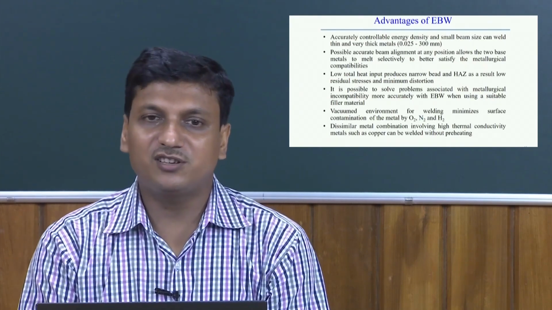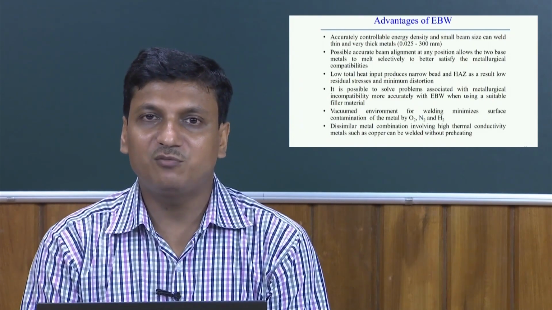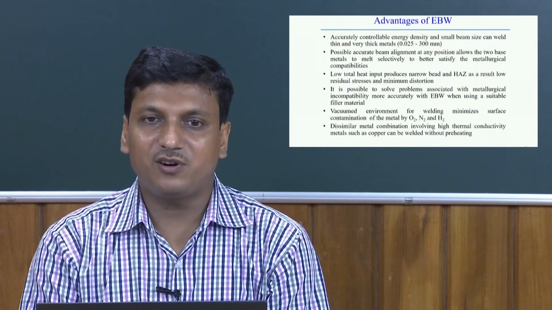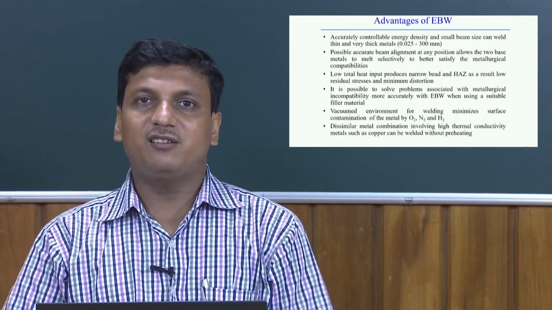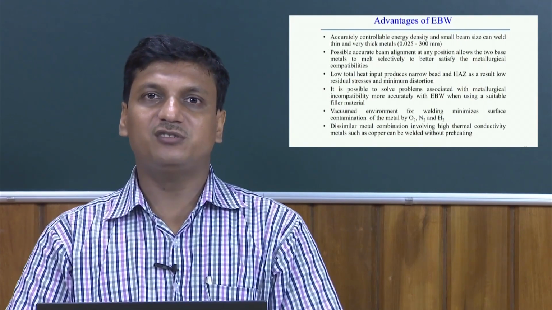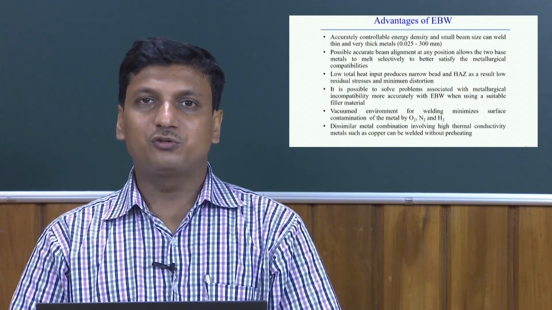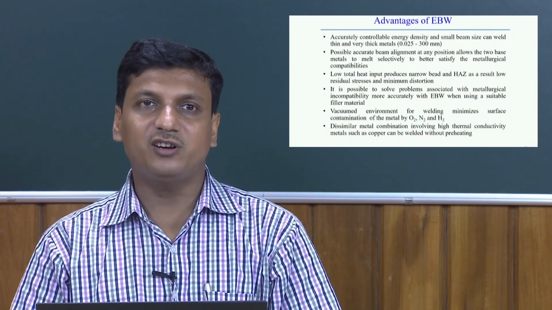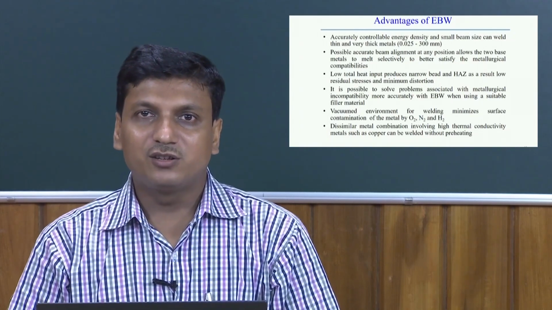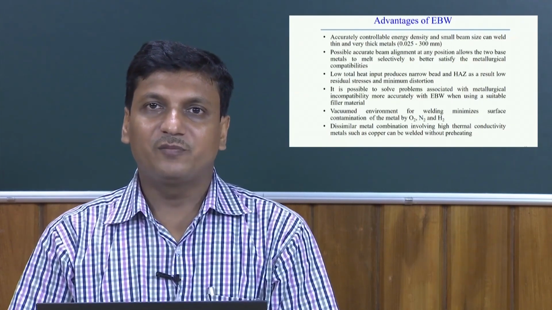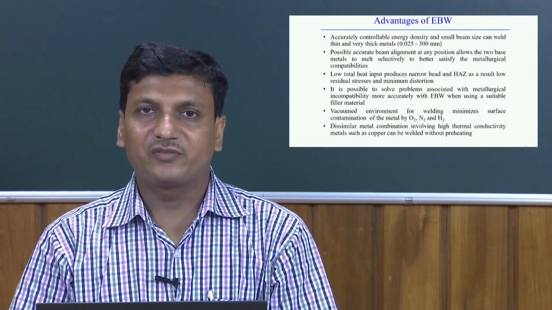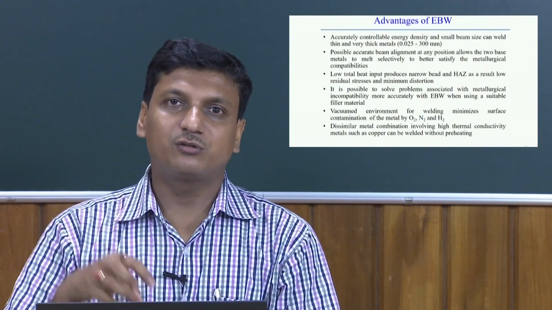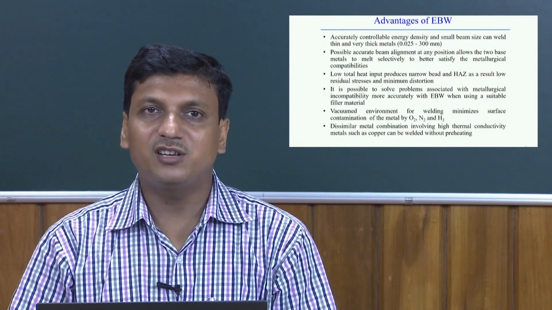Dissimilar material combinations, as we already mentioned, involving high thermal conductivity metals such as copper, can be welded using the electron beam welding process without any preheating. Normally, in other arc welding or laser welding processes, when you try to join highly conductive material like copper, in most cases we preheat the surface, and then apply the main source of energy, from the laser or the arc.